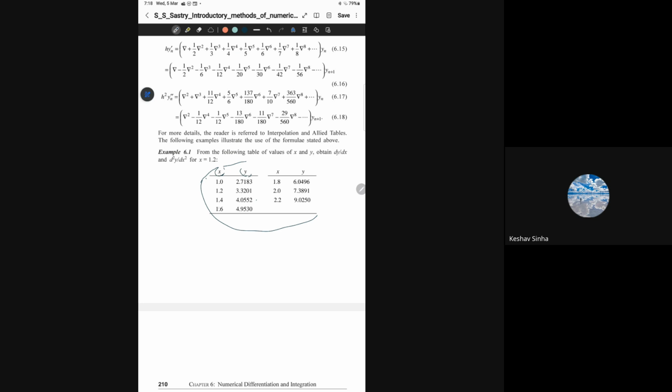At 1.4, 1.6, 1.8, 2, and 2.2, each has a certain y value. So there are certain x values and corresponding y values. Now it is asking you to find the value of dy by dx or d square y by dx square for x equal to 1.2. Another way of asking the same question is also giving y is equal to f of x.